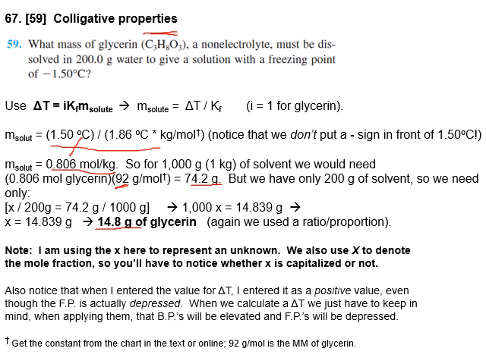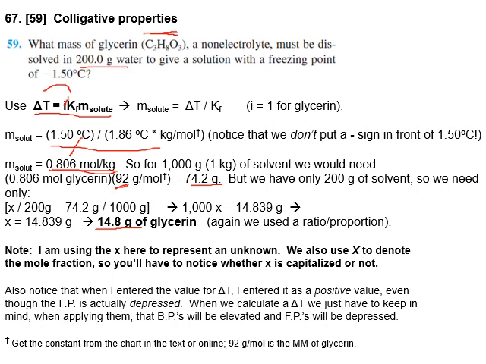All right, so just looking back over this, we want to use this formula. We realize i is 1 here, so we can just get rid of it. So we have to first of all find the molality, and we get that by dividing delta T by K. Once we get that, we just write out what is that. Well, molality is moles of solute per kilogram of solvent. And then we realize if we want to know how much we have in 200 grams of solvent, it would only be 1/5 that much, right?